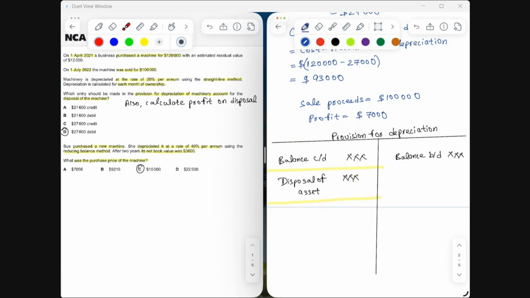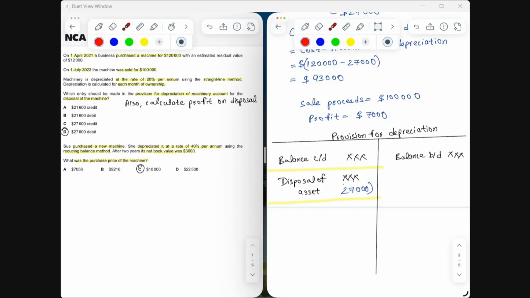That must be recorded here on the debit side to reflect a reduction in the books, that the provision for depreciation can now be reduced by $27,000 because an asset has been sold to an external party outside of the business. Okay? So as we can clearly understand, within this provision for depreciation ledger account, we are recording the relevant disposal of asset depreciation on the debit side.